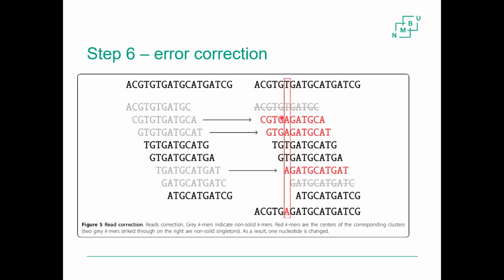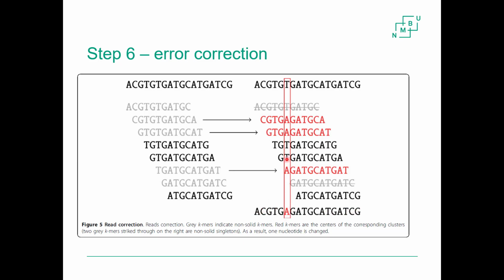And then we can see, by making majority votes in each position, this T here that was originally in the read is now changed to an A down here. So this is how the read looks after Bayes hammer has done its work.